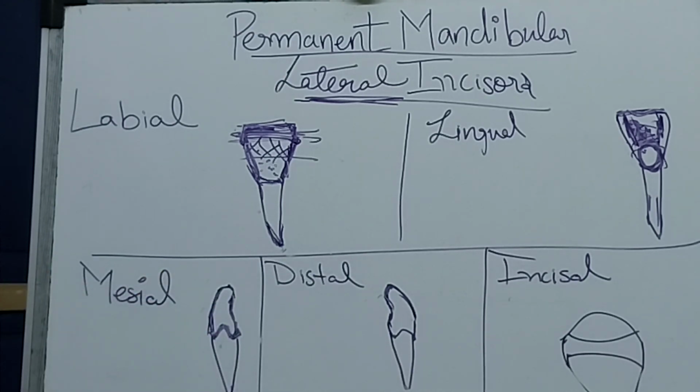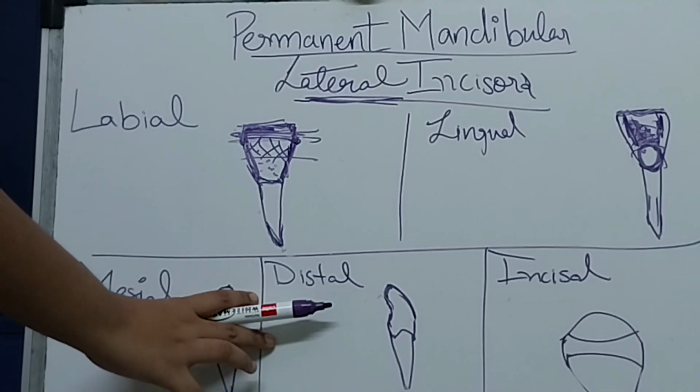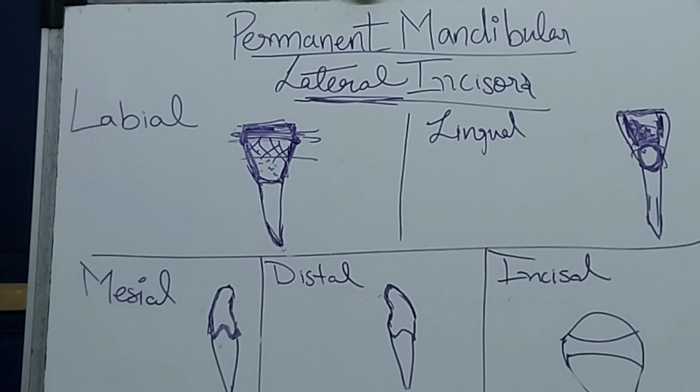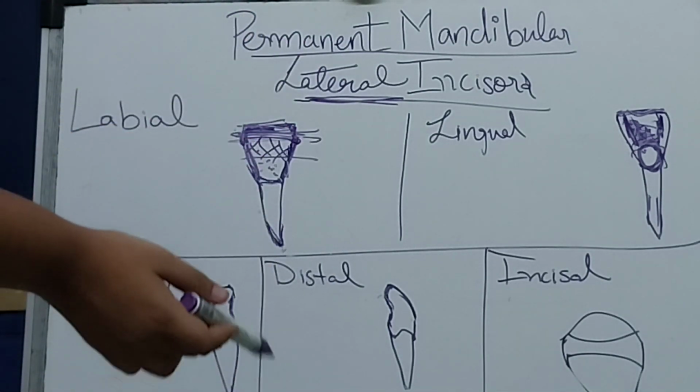The curvature of the cervical line. It is less than in the permanent maxillary incisor. Here we're comparing between the maxillary incisors, so the curvature of the cervical line is lesser than in the maxillary central or lateral incisor.